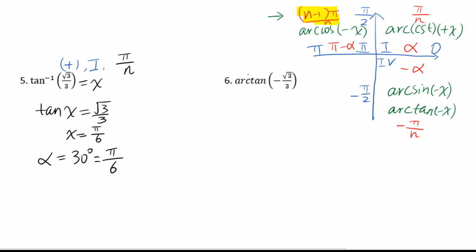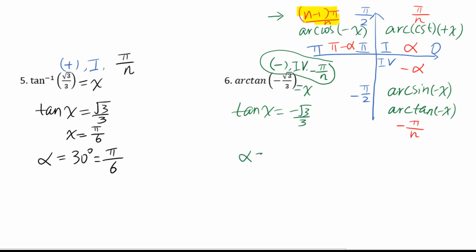Let's go to number 6. Arc tangent of negative square root of 3 over 3. This is a negative number, so go to the fourth quadrant. The pattern will be negative pi over n. Still, we set this equal to x. Tangent x equals negative square root of 3 over 3.